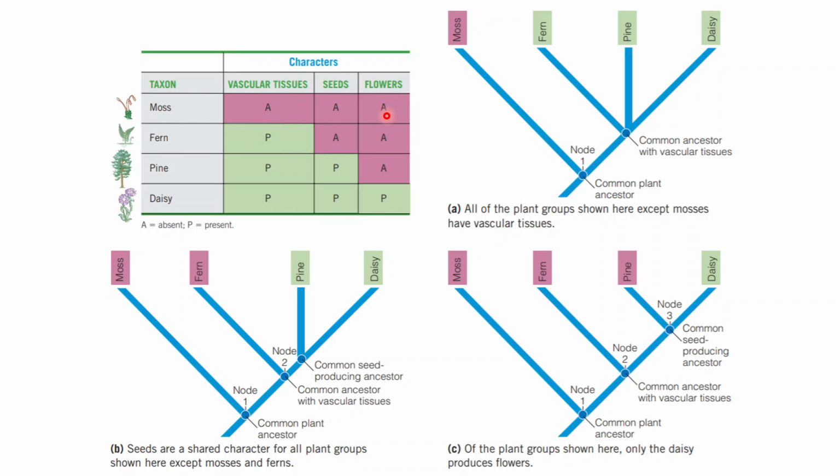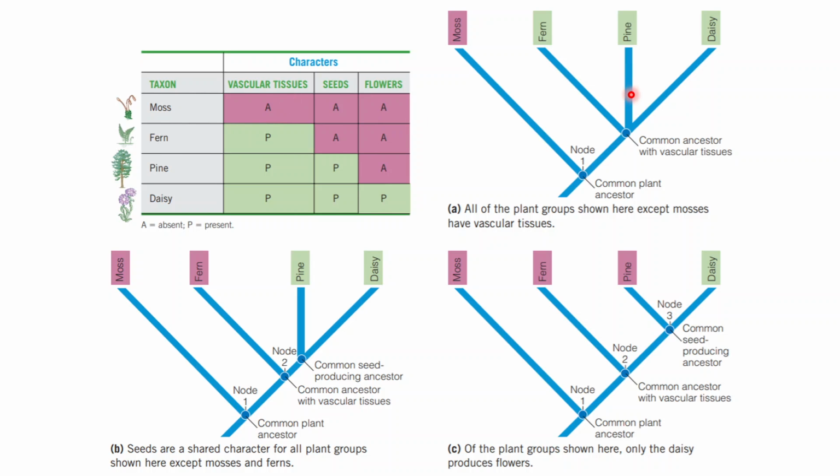If we examine the table, we notice that all groups except the outgroup share a derived trait, vascular tissues: vascular tissues are present in ferns, pines, and daisy, and absent in moss. We may therefore conclude that these 3 groups, fern, pine, and daisy, are monophyletic, and using these data we may construct a preliminary cladogram.